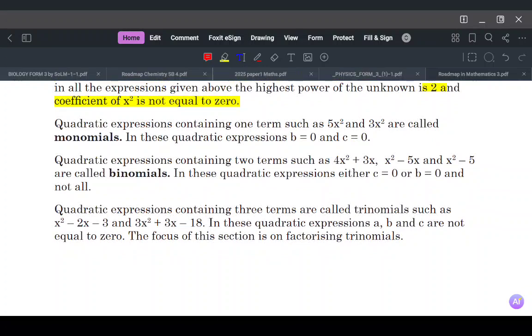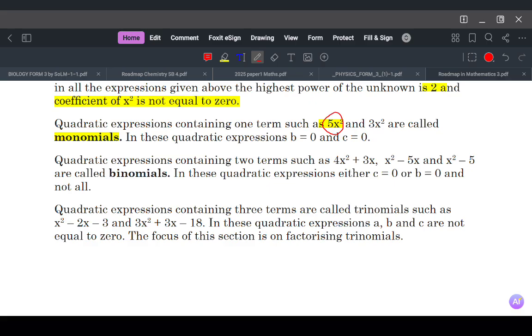So there are different kinds of quadratic expressions. We have what are called monomials. Monomials are quadratic expressions which have only one term, like 5x squared. This is one term.